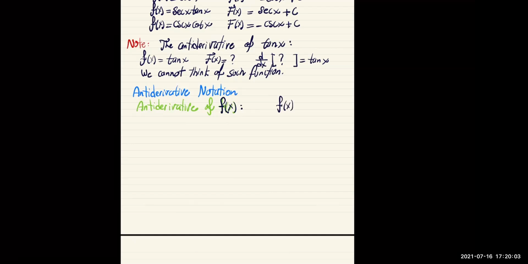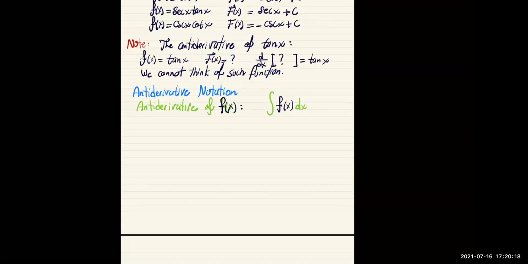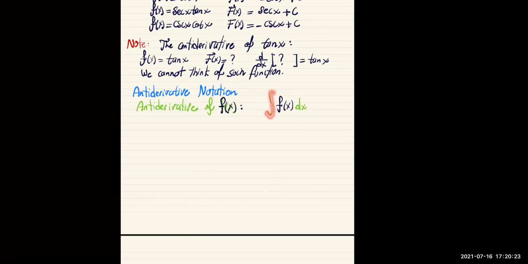If it's antiderivative, then it's the stretched s notation. It's a stretched s in front of f of x, and then you put a dx right there. This is read as antiderivative of f of x with respect to x. Instead of doing d dx, you put the dx in front.